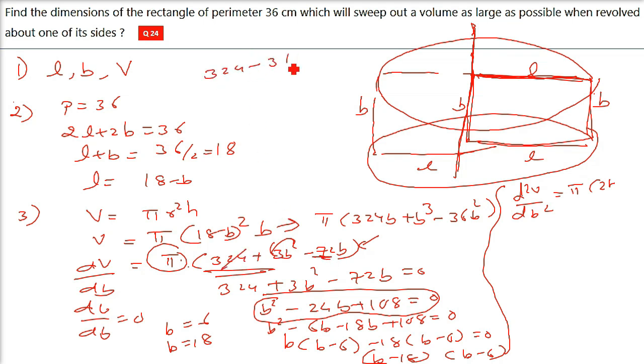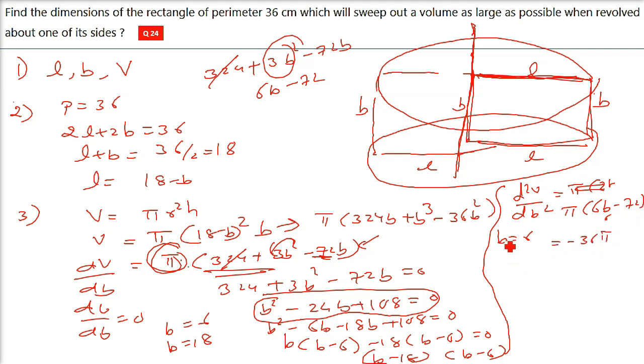So 324 minus 3b square minus 72b. When we do the double differentiation, 6b minus 72 will be the result, and pi will also be there, pi into 6b minus 72. When b is equal to 6, it is 36 minus 72, so you will get minus 36 pi.